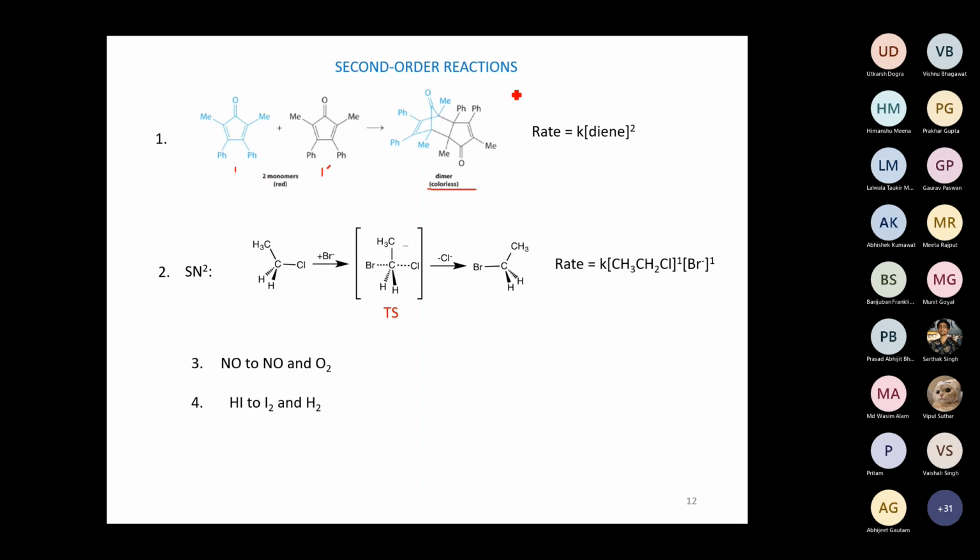Okay, dimer. If you determine the concentration of the product, or the disappearance of the starting material with respect to time, you will find that the rate is actually second order with respect to the monomer, the diene. So what does it mean?